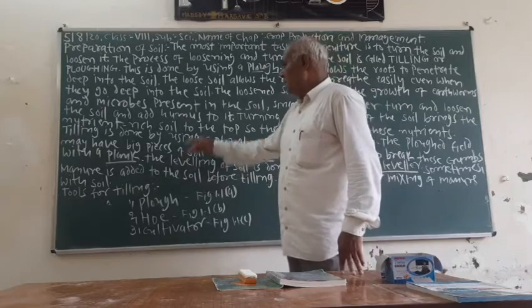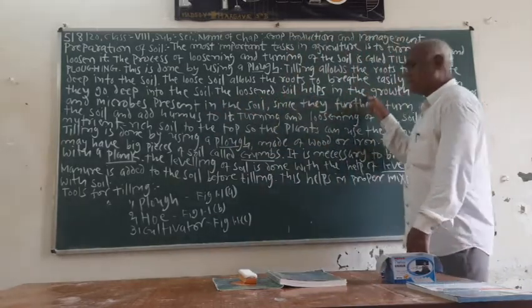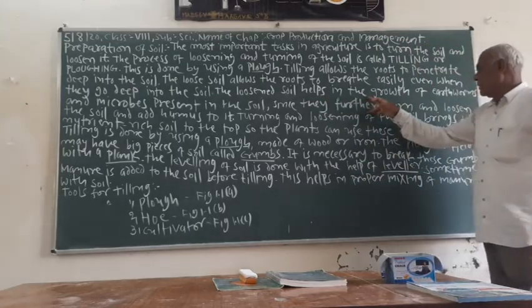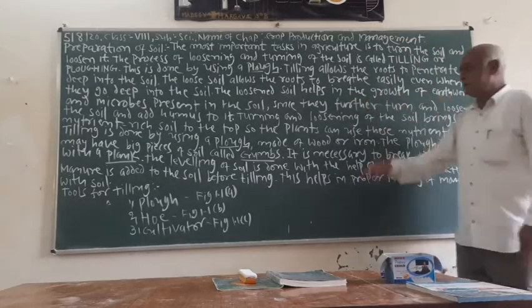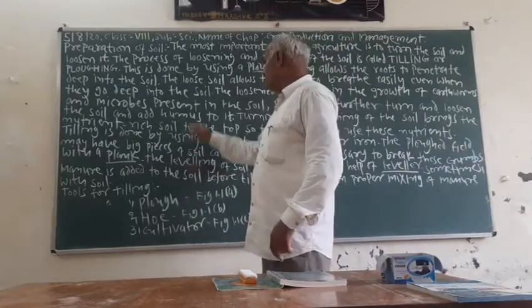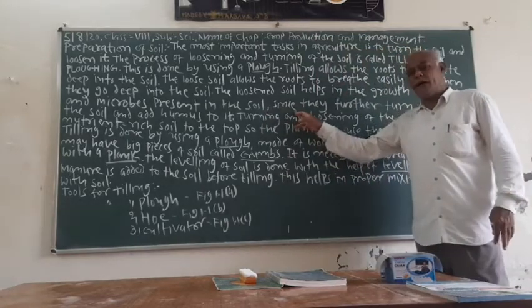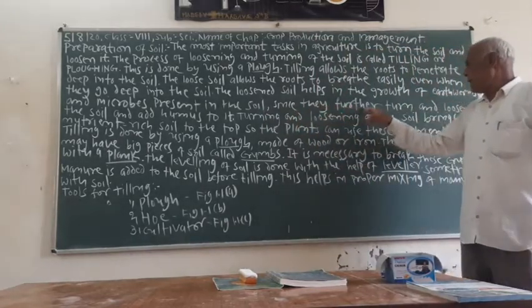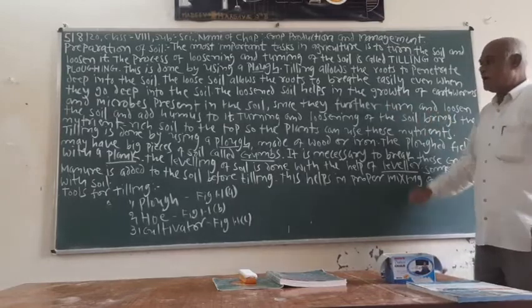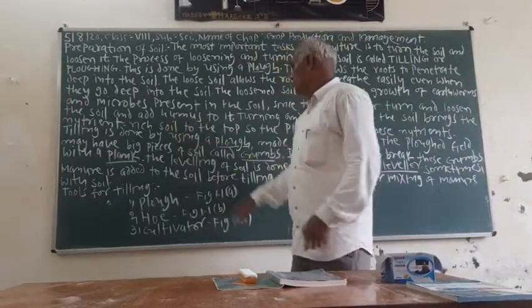So if we loosen the soil by the process of tilling, the growth of earthworms and microbes is possible in the soil. These earthworms and microbes further turn and loosen the soil and add humus to it.